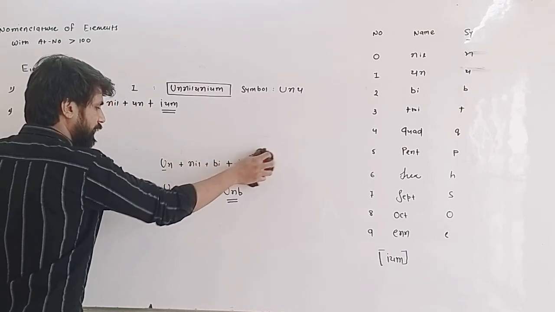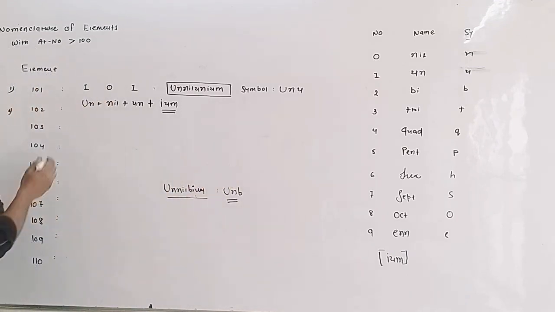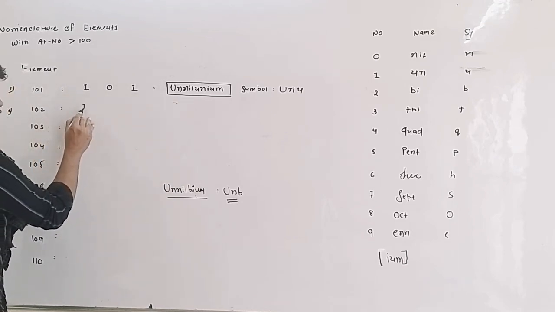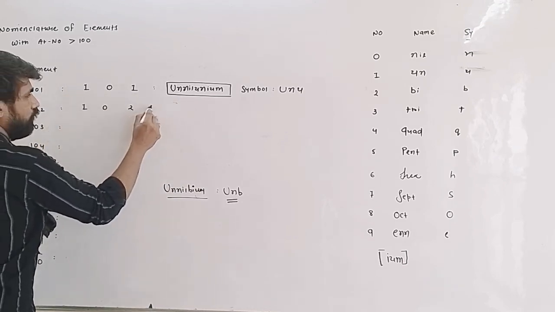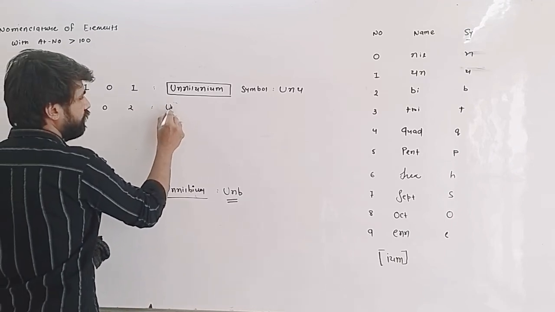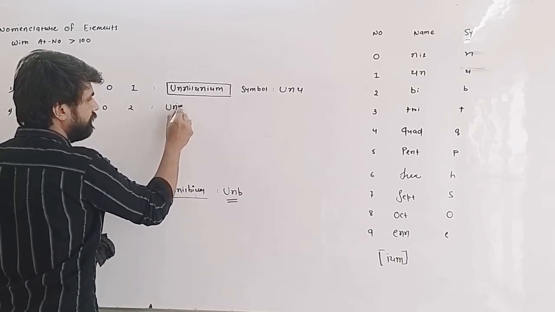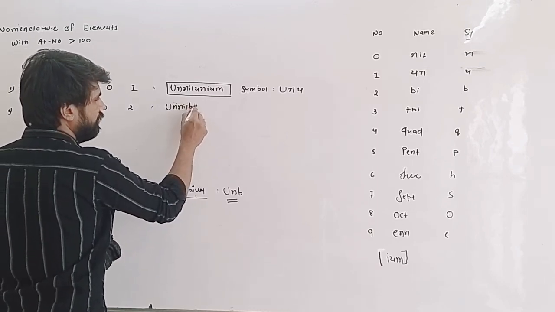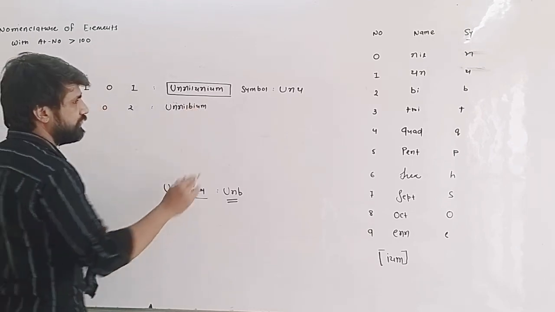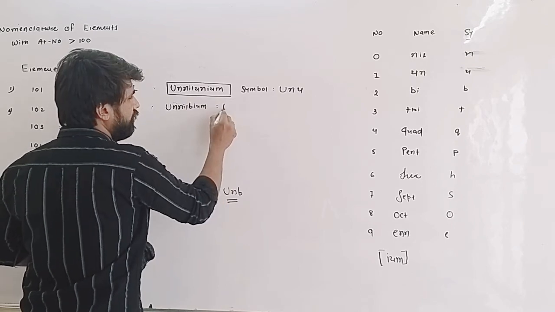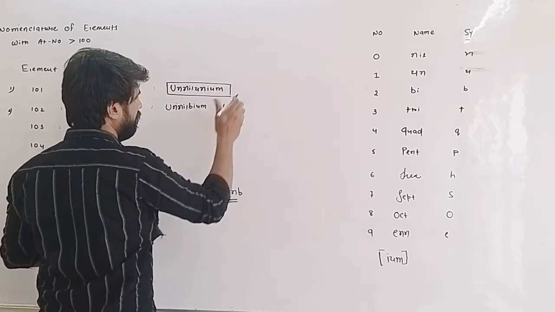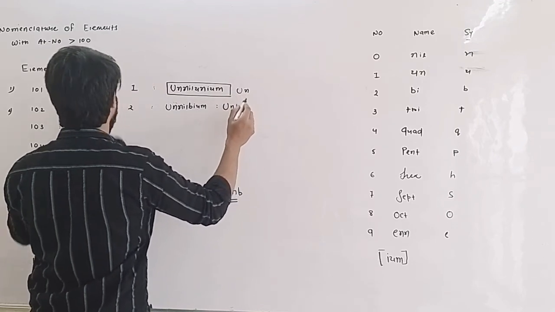So 102 having a name of what? 1, 0, 2: un, nil, bi, ium. Is it clear? And what is the symbol over there? U-N-B. What is the symbol over here? U-N-U.